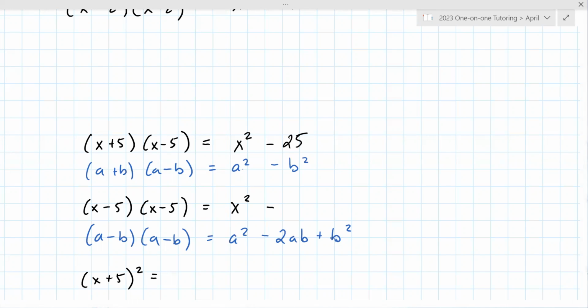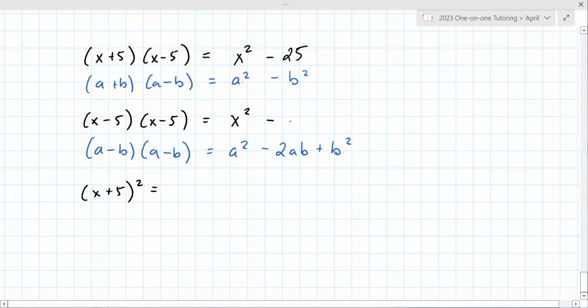Yes. Okay, so keep going here. So it would be x squared, yep, minus 10ab. Well, it's 2 times a. You said a is x, so you can write 2 times x.